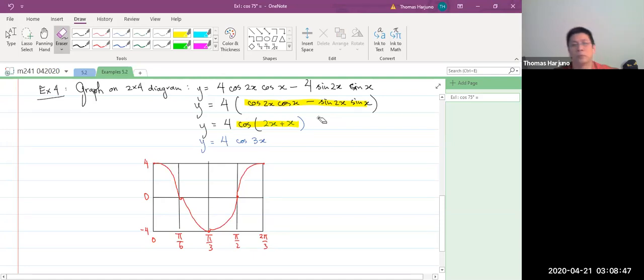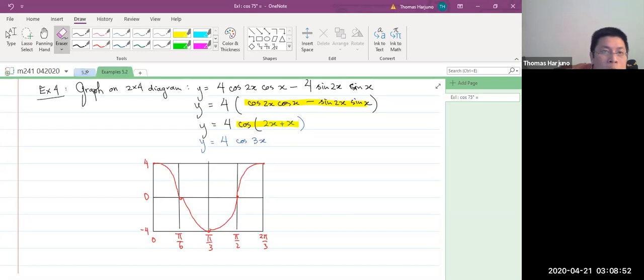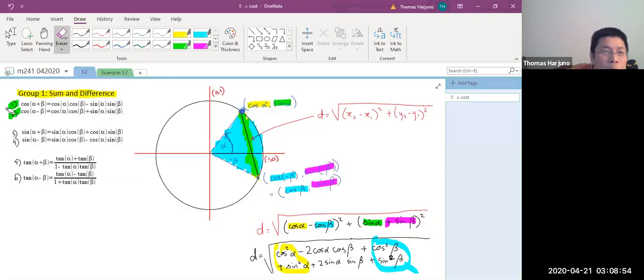Now let's go back to our proofs. We already proved the first two, cosine sum and cosine difference. How do we prove sine sum and from there sine difference?